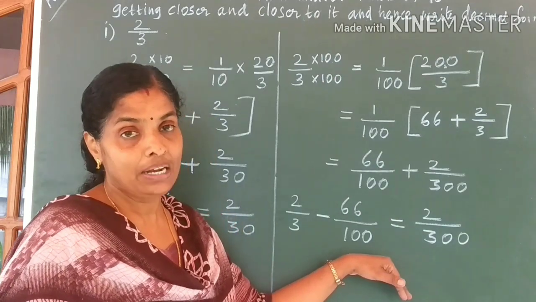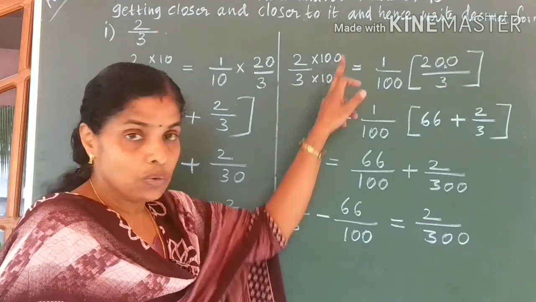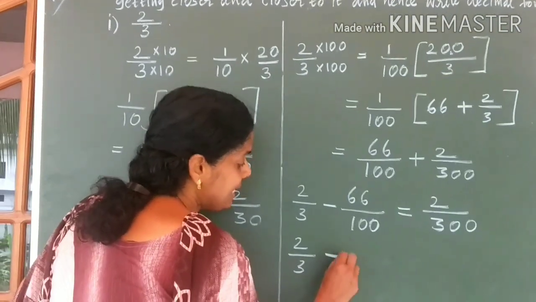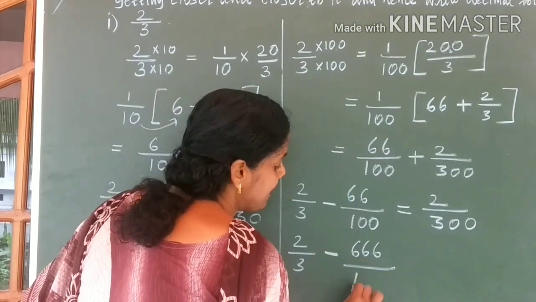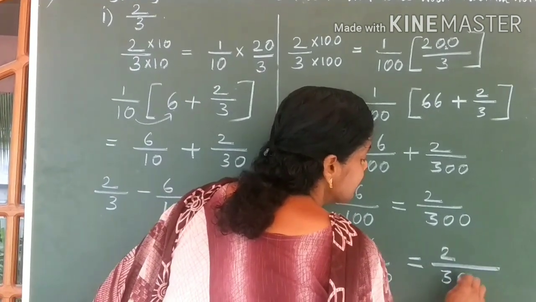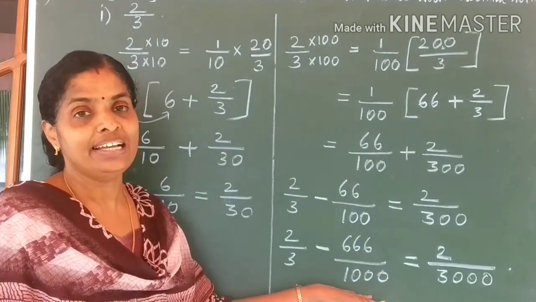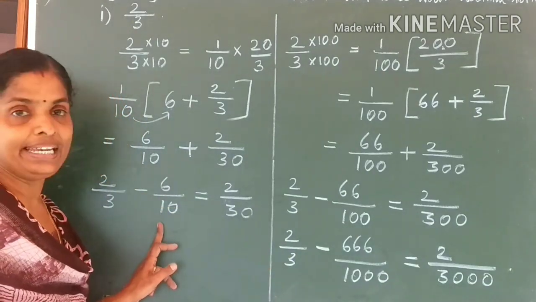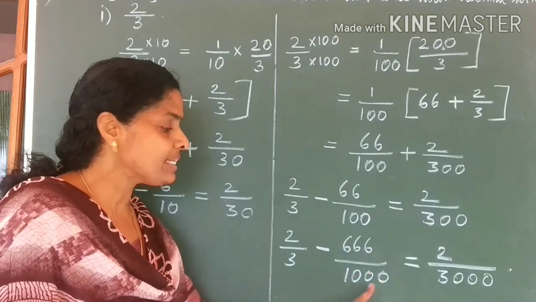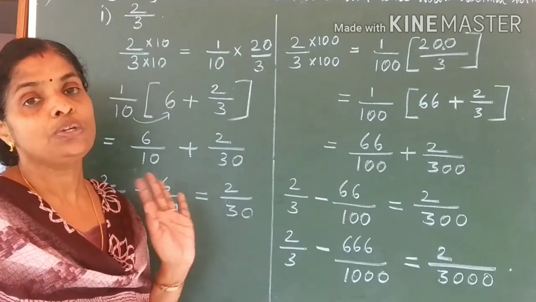Now, if you multiply and divide the fraction 2 by 3 with 1000, you will be able to write 2 by 3 minus 666 by 1000 is equal to 2 by 3000. This you work out. Okay, did you understand? The fractions 6 by 10, 66 by 100, 666 by 1000 get closer and closer to 2 by 3.